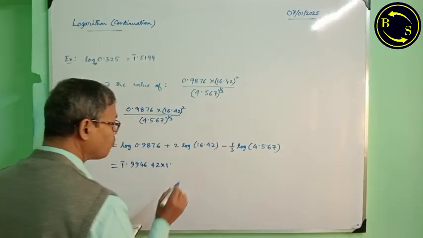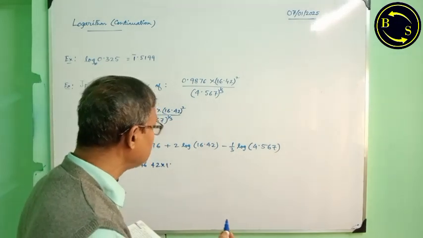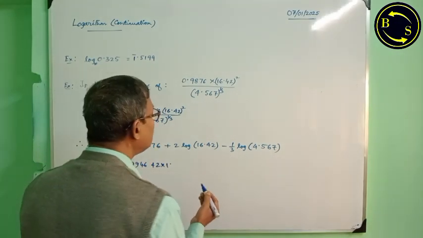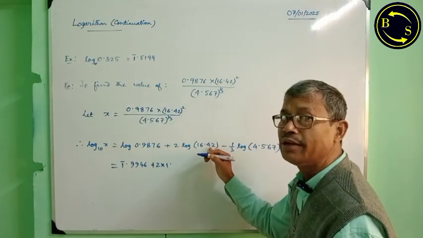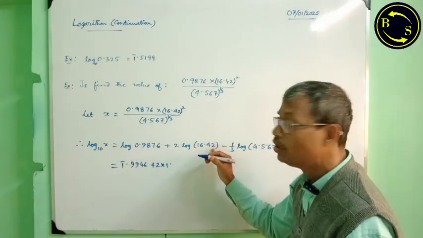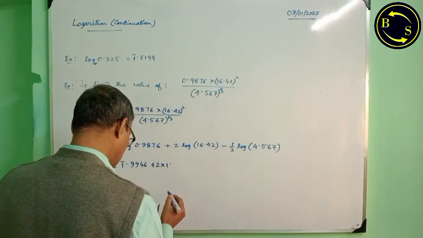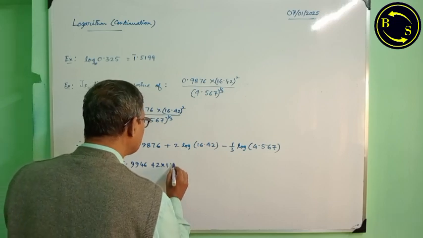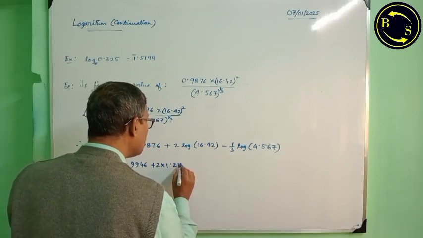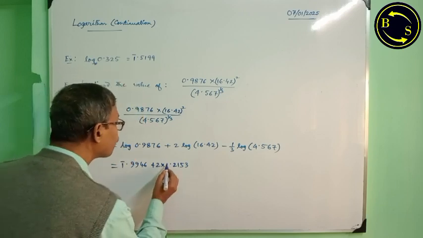From the log table headed by 16, then the column headed by 4, and from the mean difference column 2 we get this one. I am writing directly 2153.